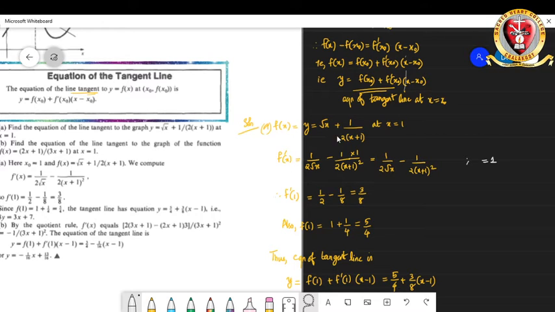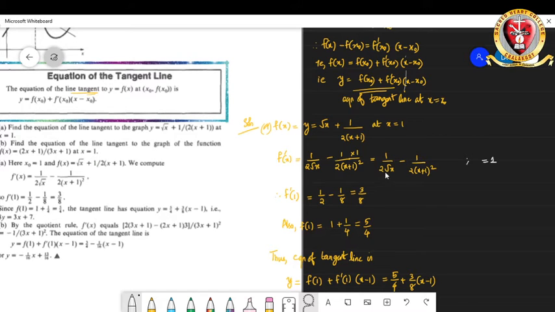f dash of x is equal to d by dx of the function here. So first you have to apply d by dx on this. d by dx of two functions will be equal to d by dx of the first function plus d by dx of the second function. So you get d by dx of root x, which is equal to 1 by 2 root x, d by dx of 1 by 2 into x plus 1, which is equal to minus 1 by 2 into x plus 1 the whole square into the derivative of x plus 1, which is 1.